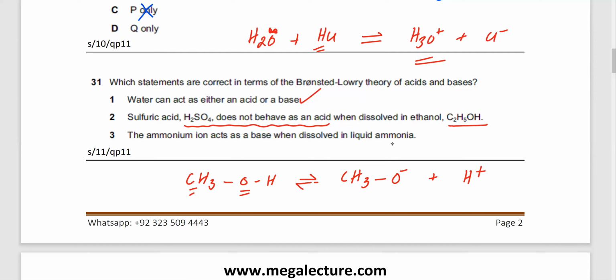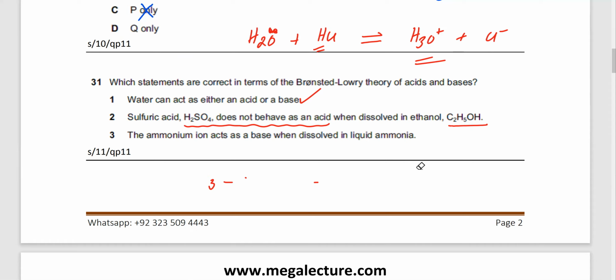Bonds with carbon are usually stable. For example, you can have a nucleophilic substitution reaction.